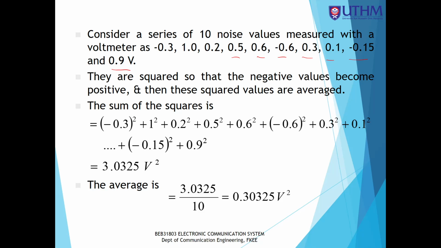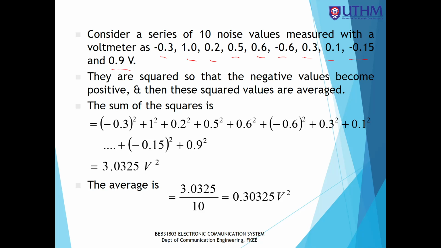Ini bermaksud kamu ada voltmeter, kamu mengukur nilai noise voltage dalam RMS. So dalam example ini you telah membuat measurement sebanyak 10 kali, bacaan you dapat 10 bacaan, iaitu nilai-nilai yang diberikan ini. Okay, you get 10 measured values.